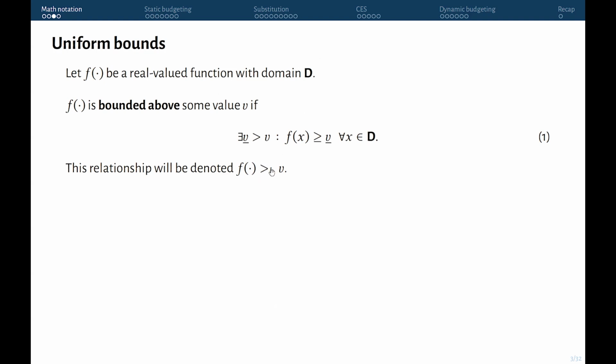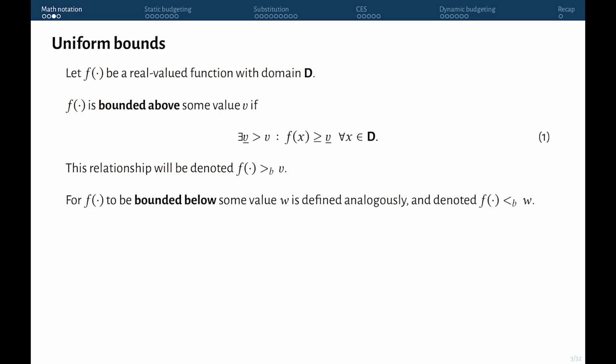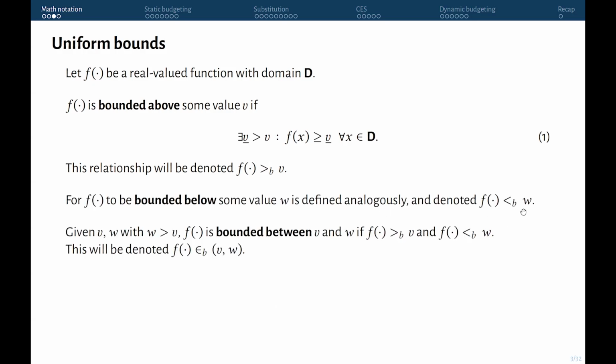So I'll denote this with the greater than sub b sign, right? Bounded above v. Likewise for bounded below and bounded between. It's just the same idea and the same notation, subscript b.